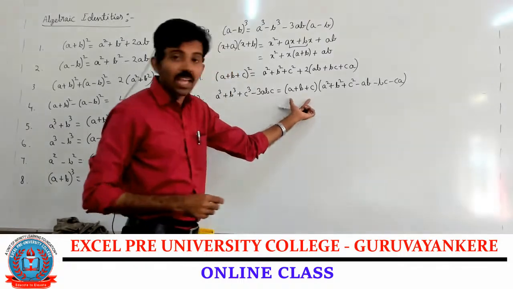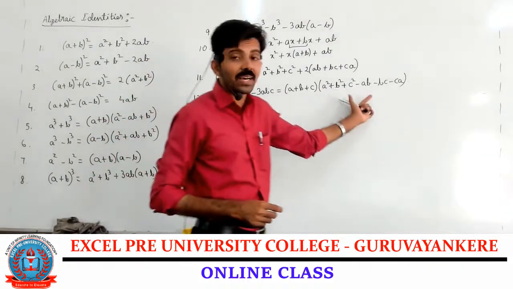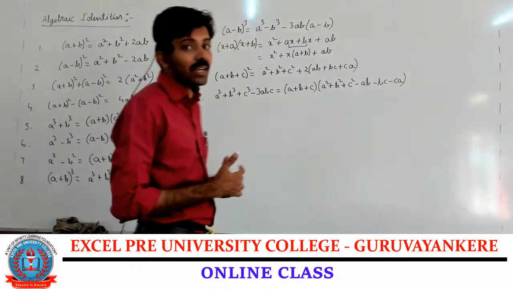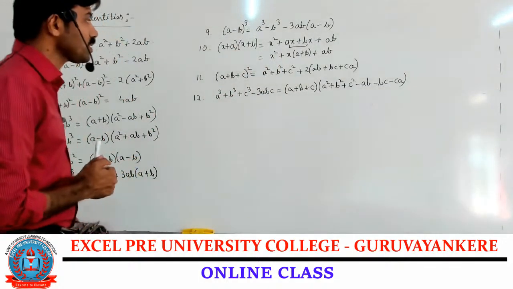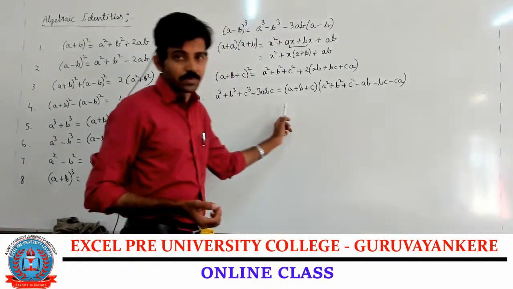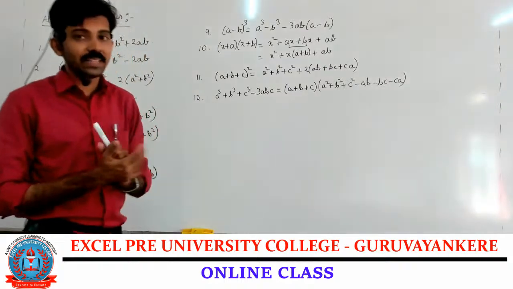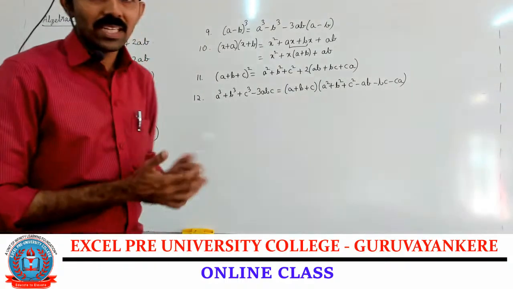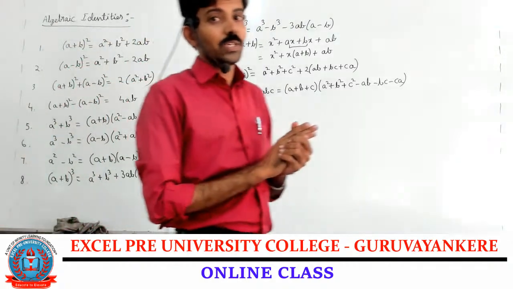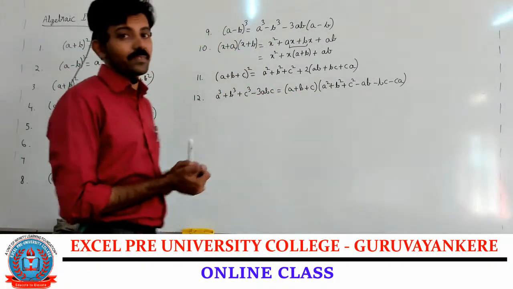The first factor is a plus b plus c, multiplied by a square plus b square plus c square minus ab minus bc minus ca. Learn this, it may be new for you, or some students might have seen this formula already. Learn it, memorize it, write every day on these formulas. Don't forget it, fundamentals, basics.